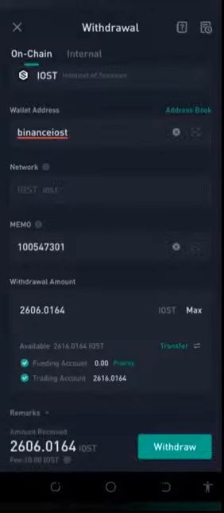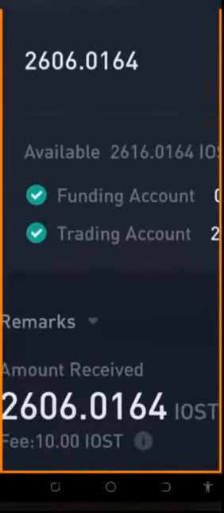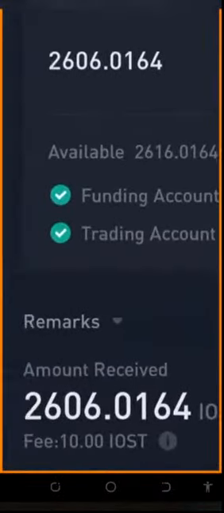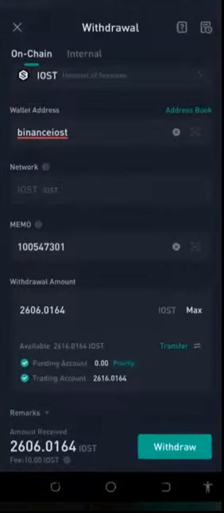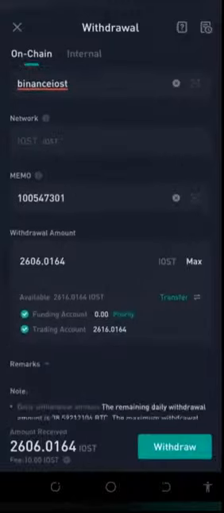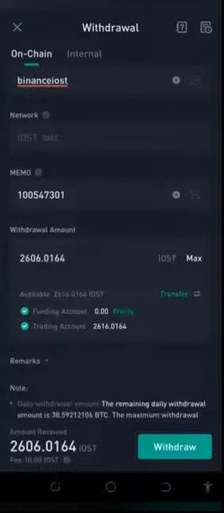So what we get is 2606. Remember that there's going to be a withdrawal fee of about 7 cents. It says that the fee is 10 IOST, which is equivalent to about 7 cents. Okay. So we're going to go over and get this done. All right. So 1 to go. Let's withdraw.